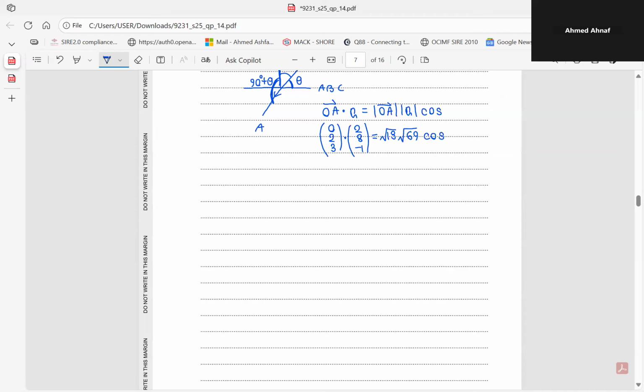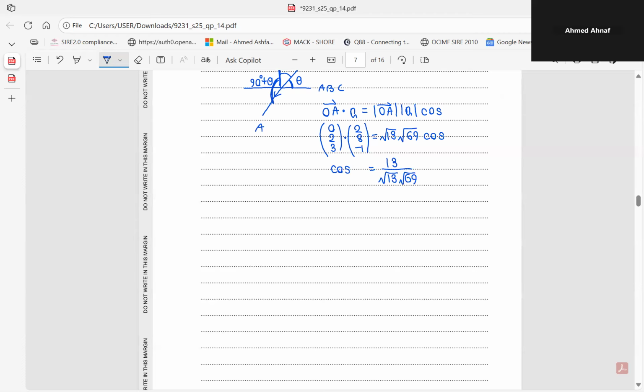Cosine blank. Okay, so let's make the cosine blank the subject. 0 times 2 is 0, and then 2 times 8 is 16, and then 3 times negative 1 is minus 3, so this will get 13. So this whole dot product is 13 over square root 13 over square root 69.